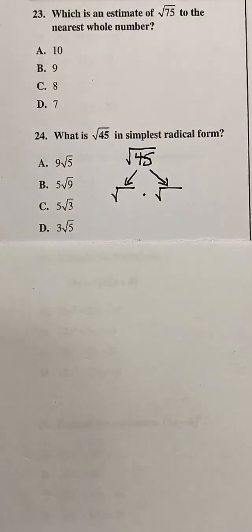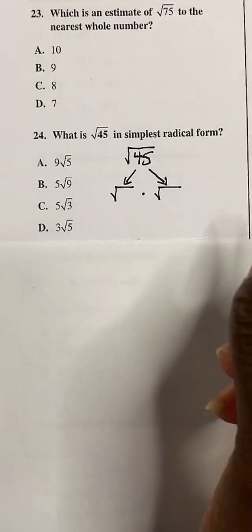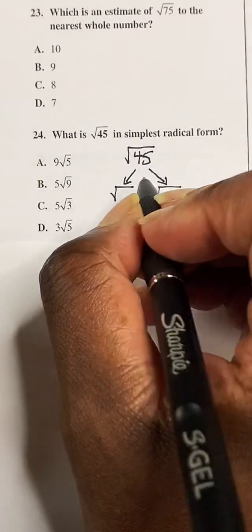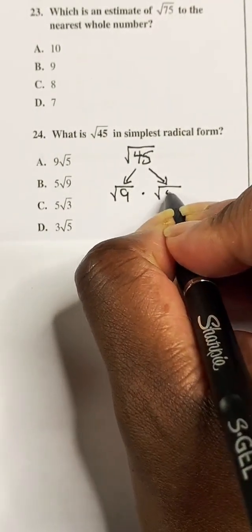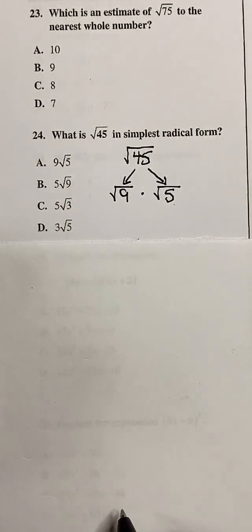There are two numbers: one of them is a perfect square, and the other one is a prime. So the best combination will be your 9 and your 5, because 9 times 5 gives me 45.